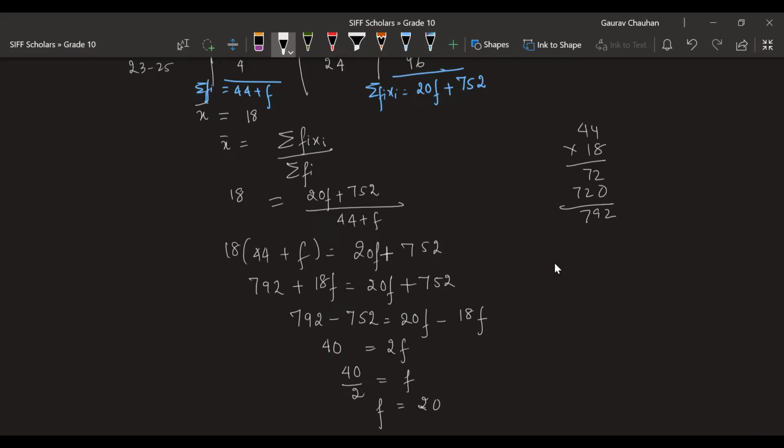So here we are, guys. Very simple. All you have to do is use the same formula. Emanji, you might have made a mistake somewhere. Same formula you have to use. Only thing is, in that formula, instead of numbers, we got an expression of f. Then it is an equation. Solve that equation.